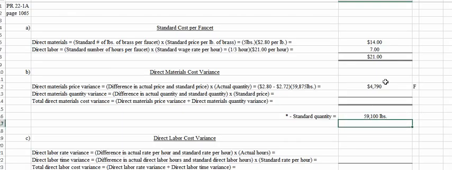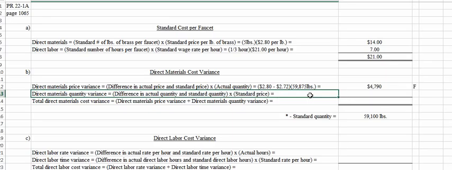Instead, though, what did we use? 59,875 pounds. Okay. So we're going to say 59,875 minus the 59,100. And then we're going to multiply by the standard price per pound. That's $2.80.